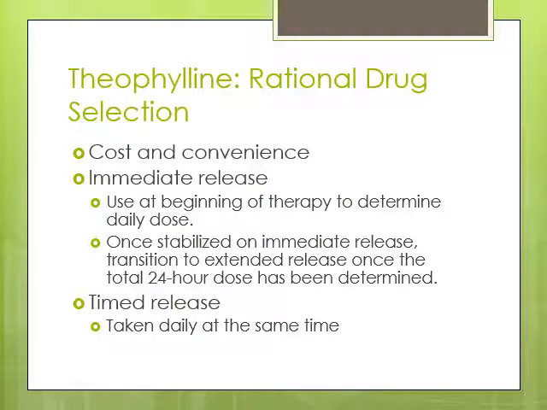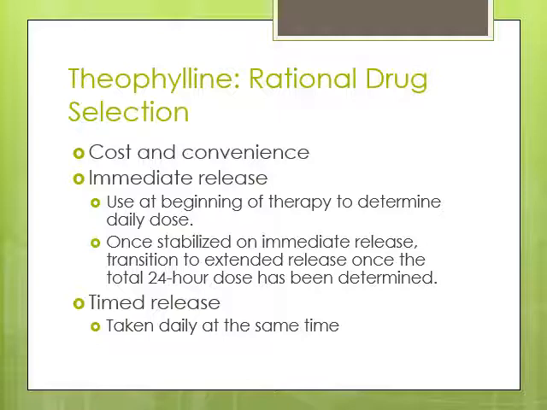Now with theophylline, just looking at rational drug selection, theophylline is the only xanthine derivative that is commonly used in asthma and COPD, and so you're looking at different forms of theophylline based on cost and also convenience. With immediate release, you use it at the beginning of therapy to determine daily dosing, so you're kind of testing the waters.